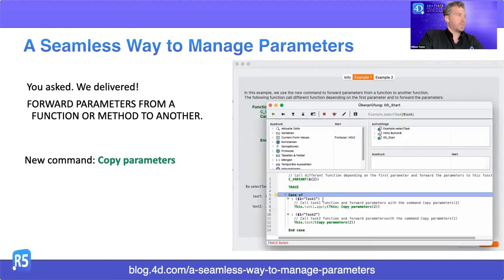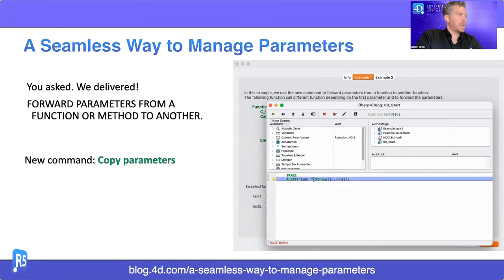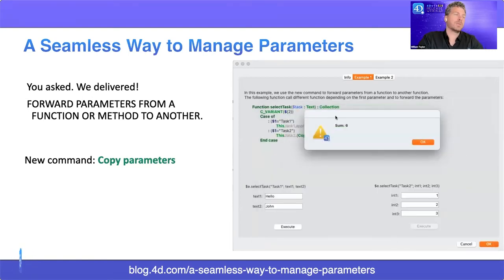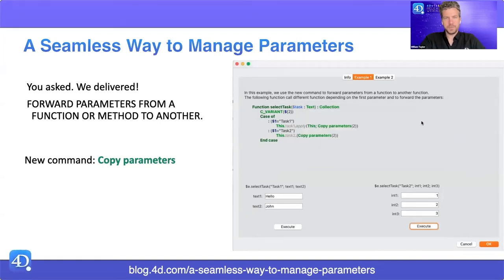And then task two is going to copy parameters 2 onward of the method. And that's going to be a summation of those 3. So same function, different use of the parameters.